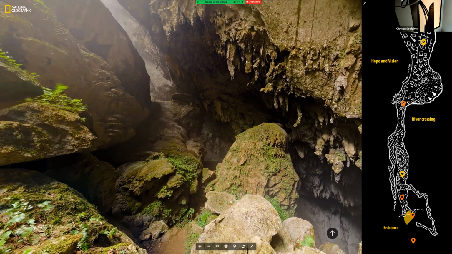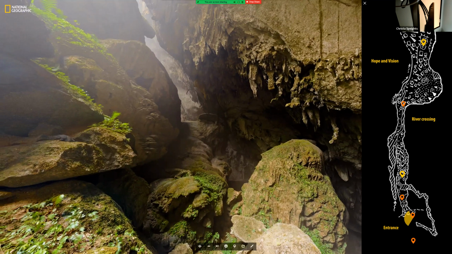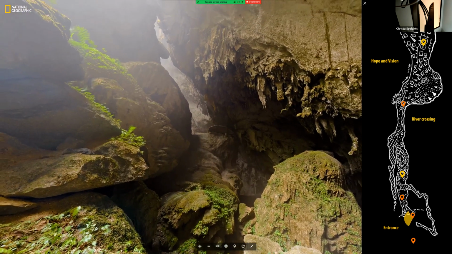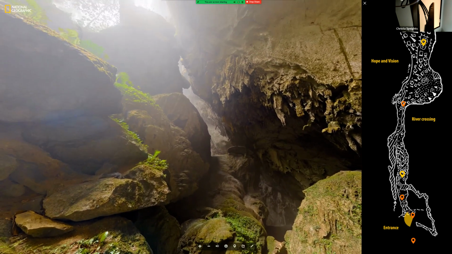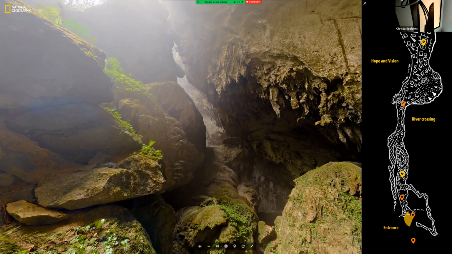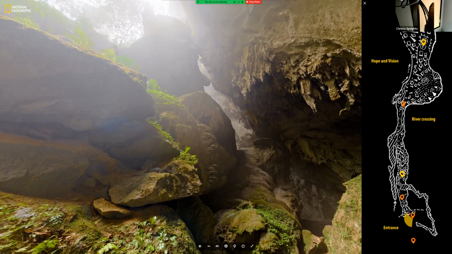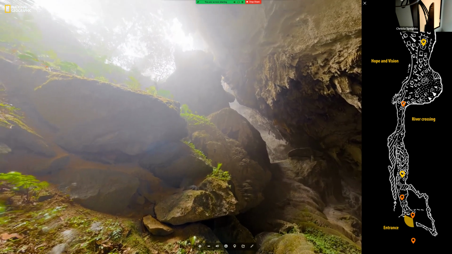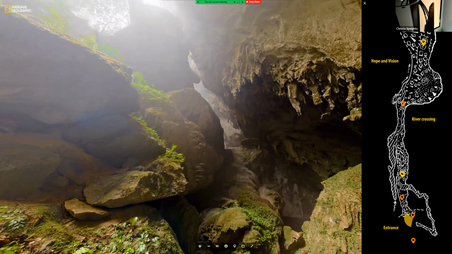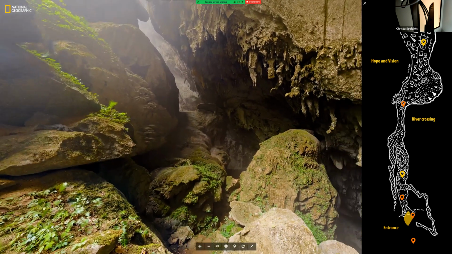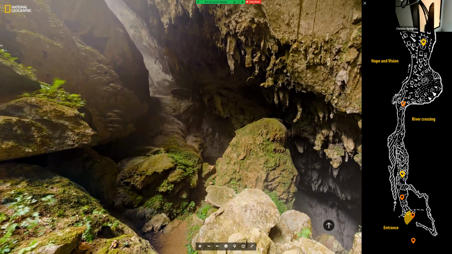He was a local Vietnamese man, Ho Con, and he contacted some British cave explorers who then returned to begin mapping the cave.